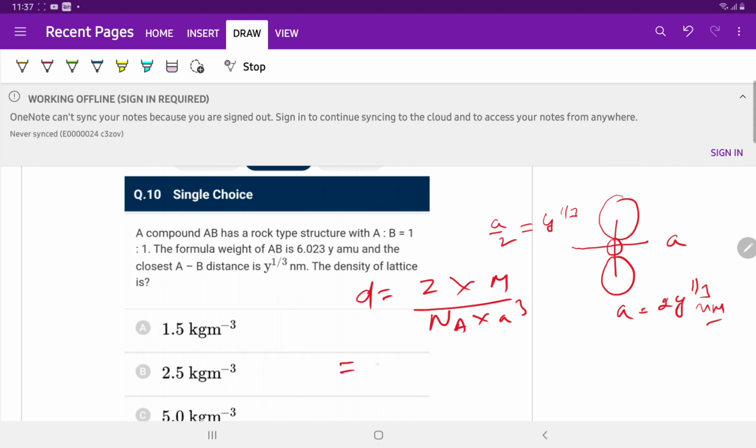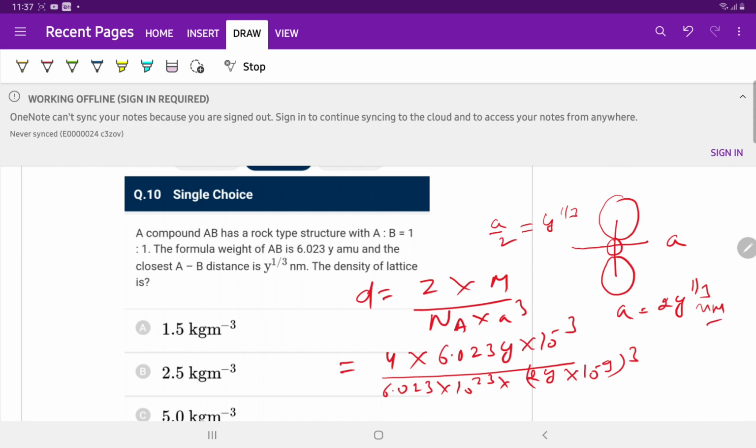Okay, Z is equal to 4, rock salt type structure. Molecular mass is 6.023 Y in grams, and to convert into kg, 10 to the power minus 3 is divided by 6.023 into 10 to the power 23, and A cube is equal to 2Y into 10 to the power minus 9 whole cube.